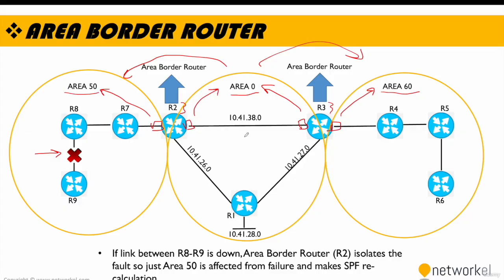In this case, router 2 will isolate the fault, so just area 50 is affected by the failure and makes the shortest path first recalculation. Only the devices belonging to this area will make the recalculation instead of every router in the network doing the recalculation.